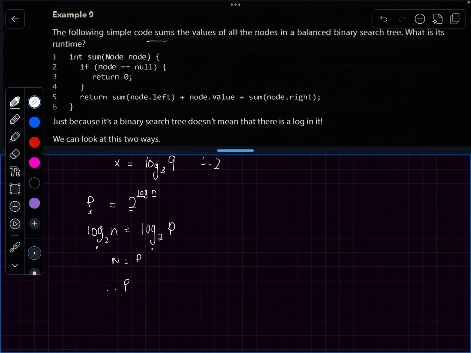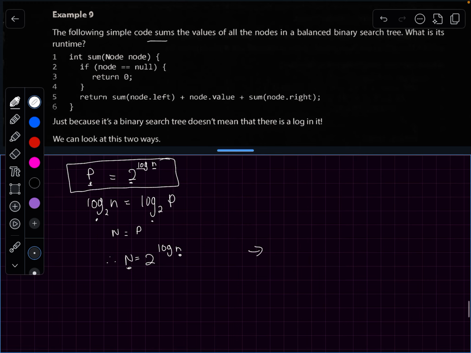We say, sorry about that, we say n is equal to this value of p, which we said over here, make a nice box over there, equals 2 to the log n, meaning this n and this n are exactly the same thing. And we initially had that it is O of 2 to the log n.